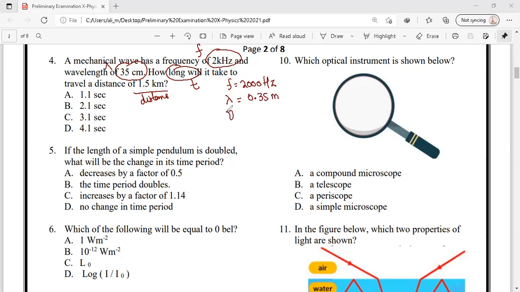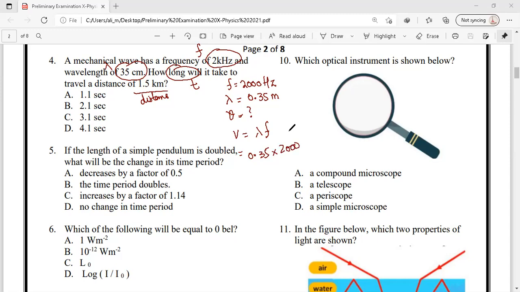Let's first of all find the velocity of the wave from the given data. For velocity, we know that the velocity of the wave v is equal to lambda f, where lambda is 0.35 and the frequency is 2000.